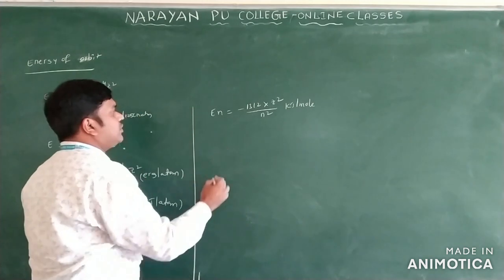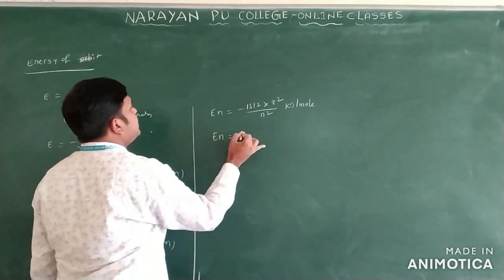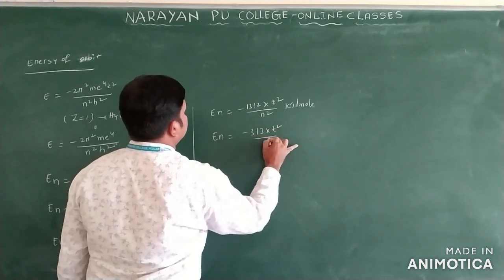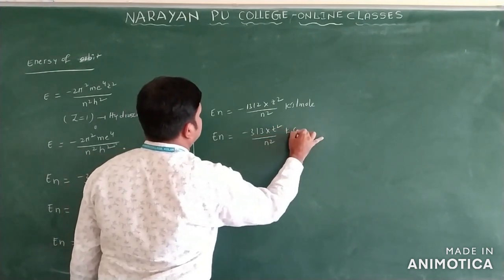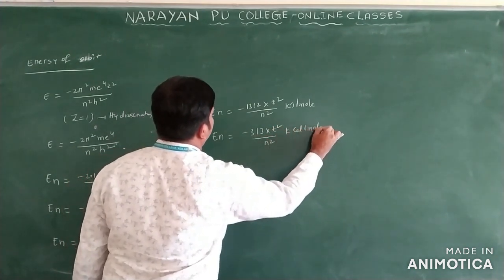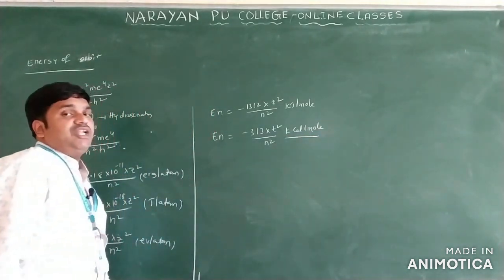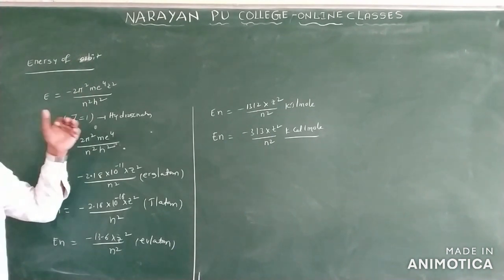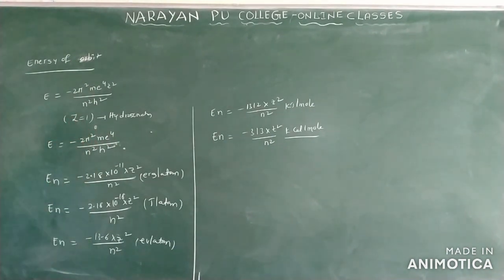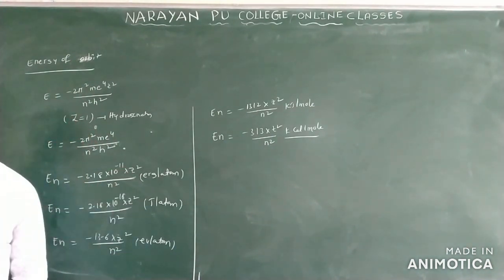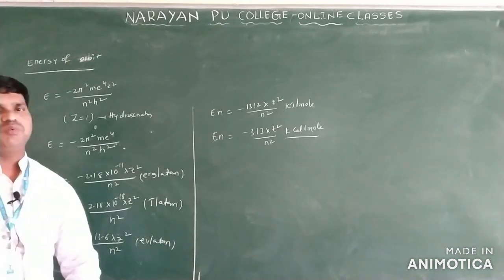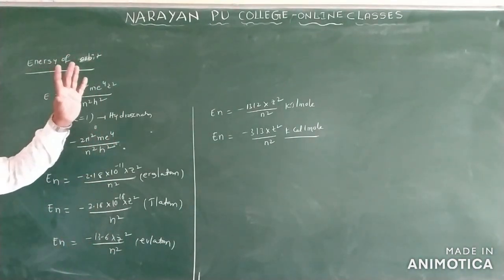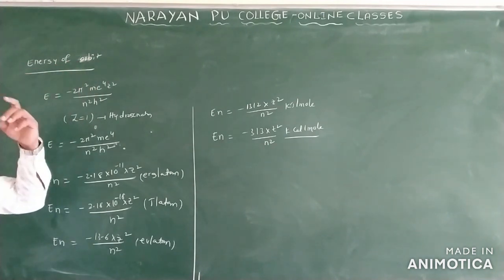And one more value, En is equal to minus 313 into Z square by N square, kilocalorie per mole. So these are the different values of the energy of nth orbit. This is not for hydrogen only, this is for hydrogen like species. If we take Z value 2, 3, 4 like that, the values will change. These are the values of different energies of the nth orbit in the Bohr model.